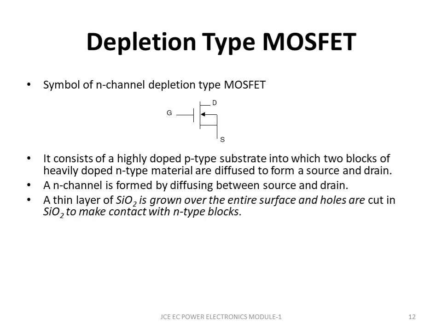A thin layer of silicon dioxide is grown over the entire surface and holes are cut in the silicon dioxide to make contact with the N-type blocks. This is very similar to what we have done, except we are going to have this silicon dioxide grown over the entire surface.